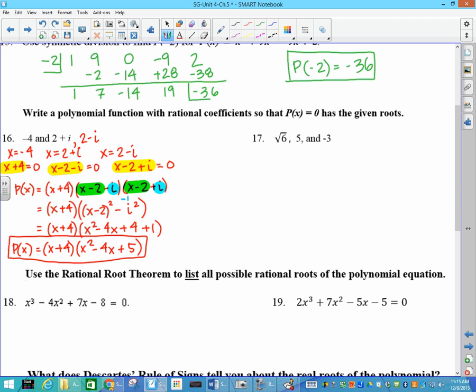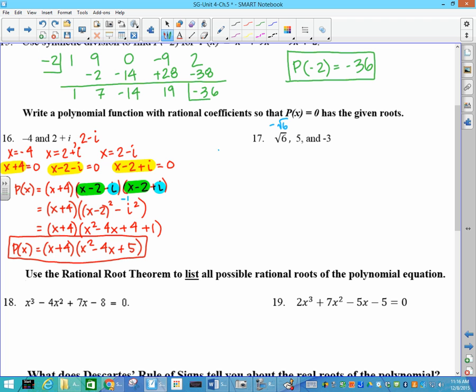Okay, so next. Again, I have the square root of 6, and after the square root of 6, I'm going to have the negative square root of 6. These don't have a radical or an i in them, so I'm not worried about them. So I can almost skip that step.